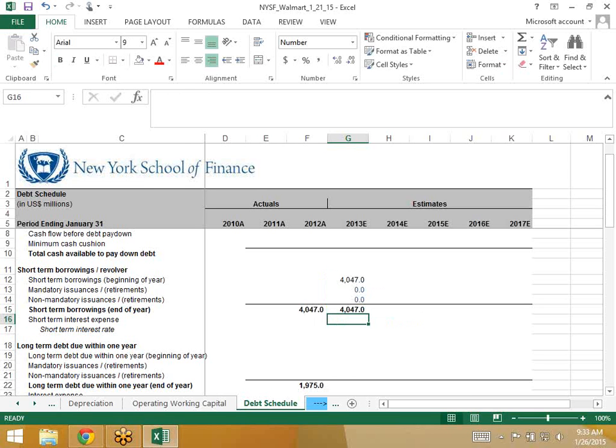Real simple. So for each piece of debt, we want to do that. We take the beginning of short-term debt, which equals the end of year from the year before. Issuances and retirements, let's keep it zero for now. Short-term debt, end of the year, will be a sum of everything from above.